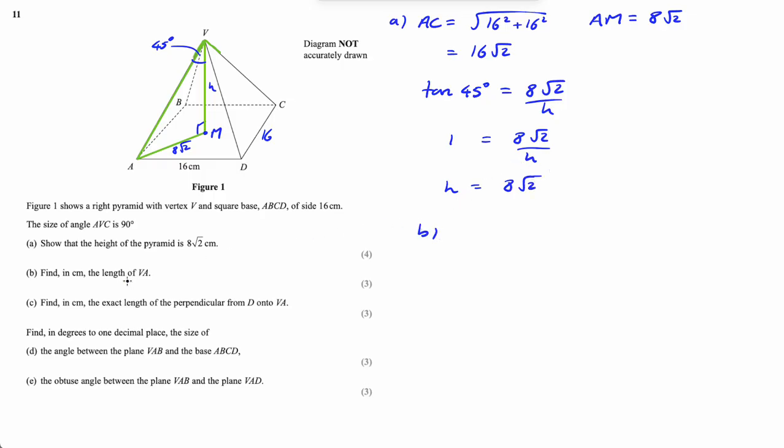Part B. Find in centimeters the length VA. Okay, so I have this and I have this. So VA is just going to be Pythagoras' theorem. It's the hypotenuse. It'll be the square root of 8 root 2 squared plus 8 root 2 squared. 8 root 2 squared is 64 times 2, 128, plus 128 is 256.